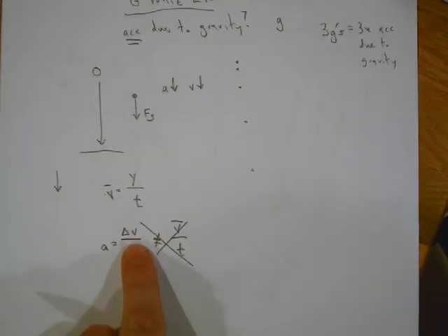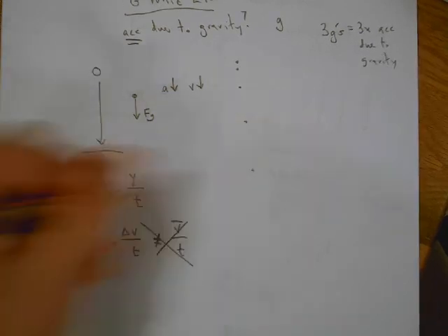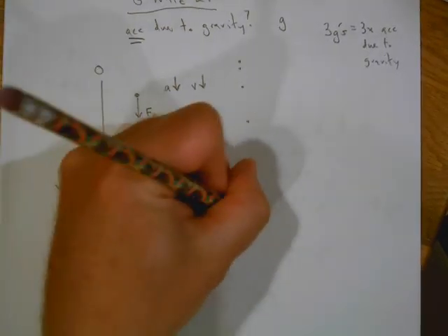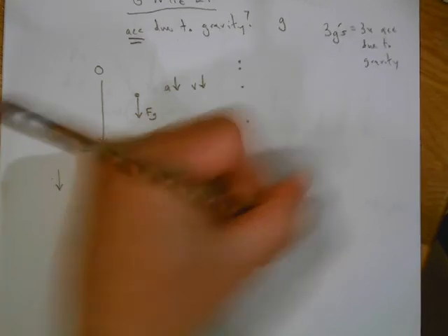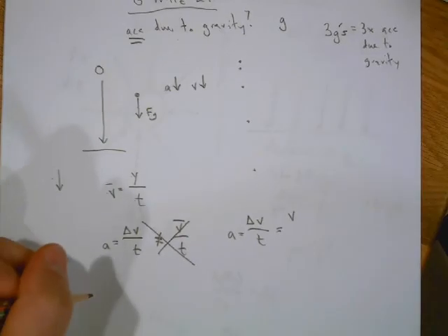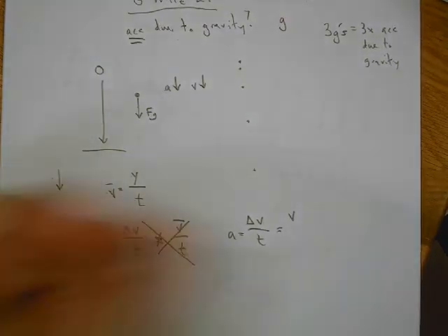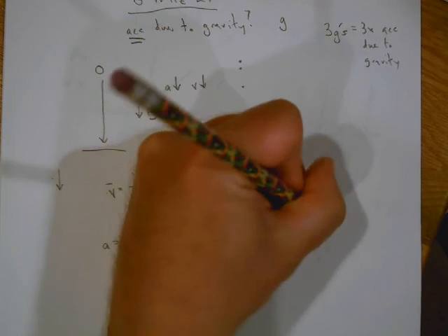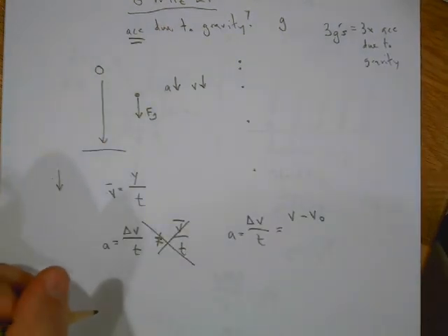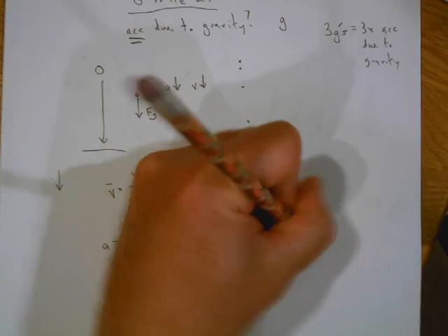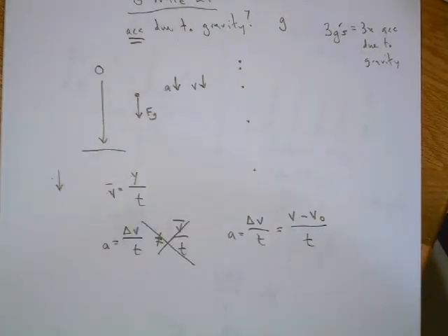Same thing here. The change in velocity over time is the final velocity, which we label just v, minus the initial velocity, which we call v0 for the original velocity, over the time.